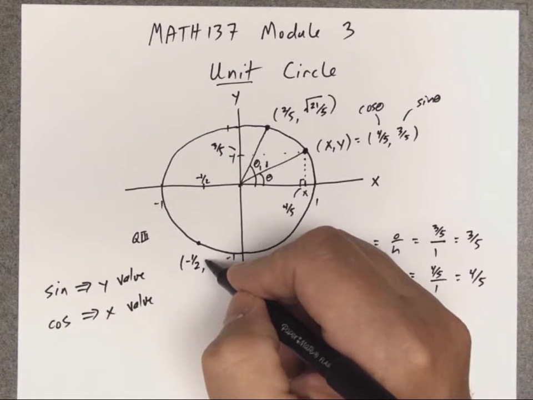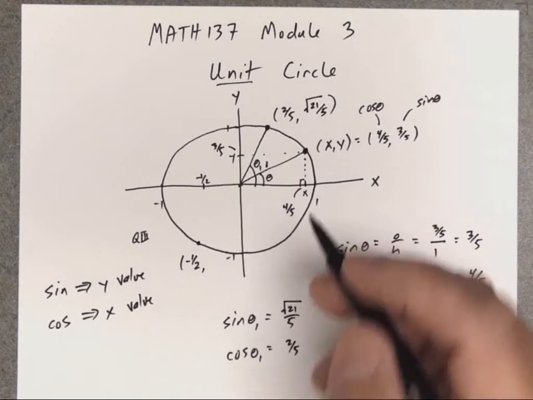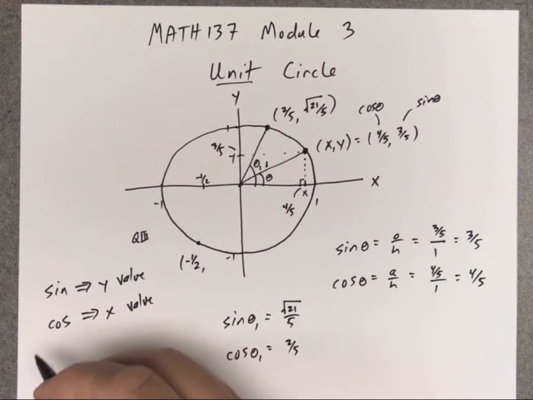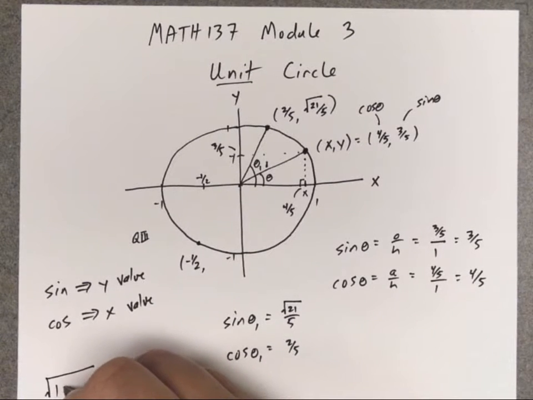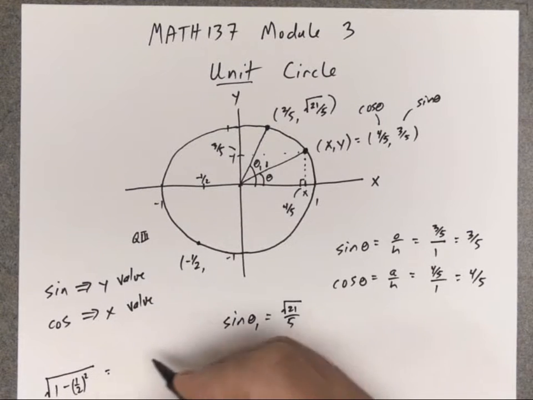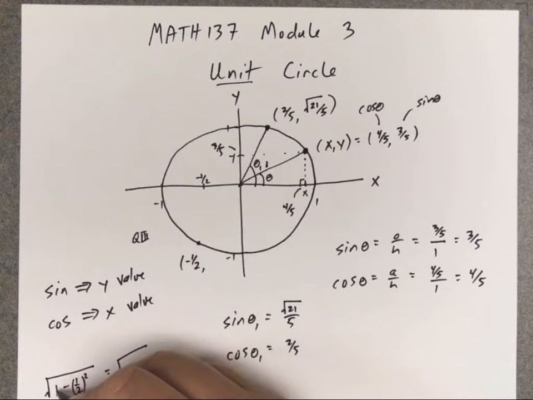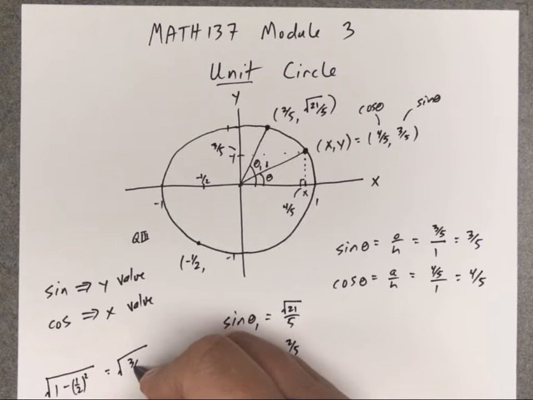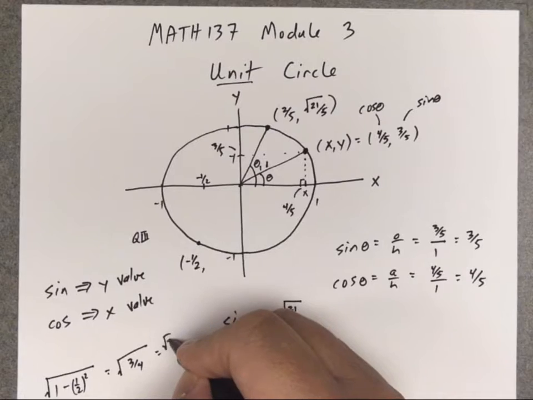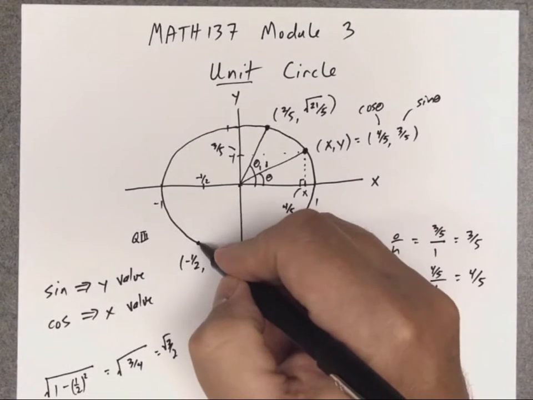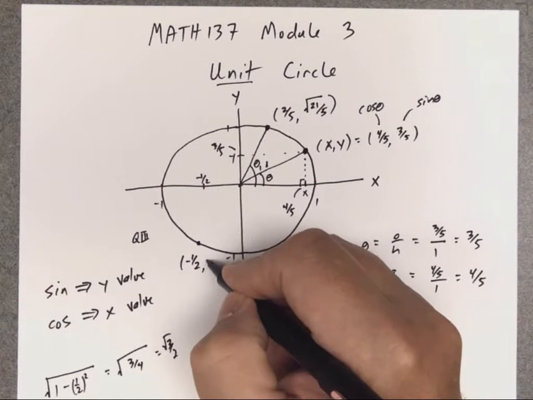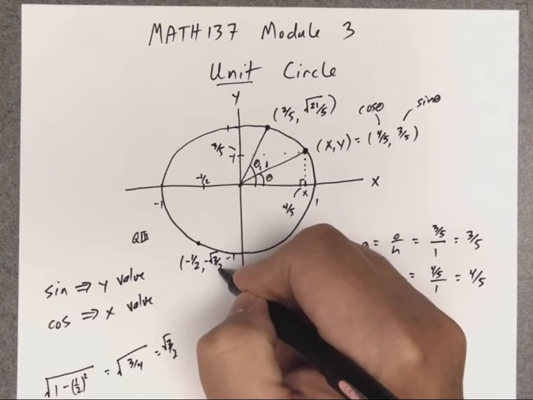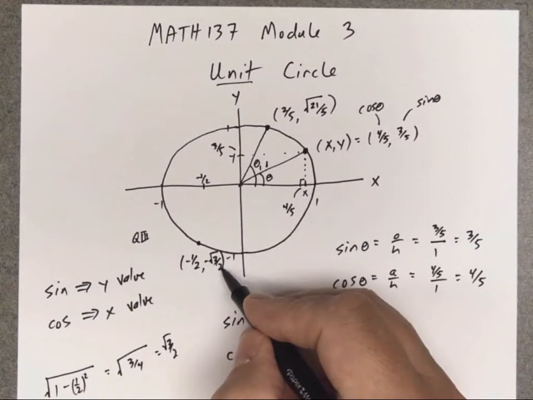Now I'm going to figure out the y. You don't necessarily know how to do this, but I'm going to take a minute to figure out the y. I have to do a quick calculation using the Pythagorean formula, but I don't want to explain it and get too complicated. So this is 1 minus, this is 3/4. It turns out for this point, if the x value is negative 1/2, the y value ends up being negative square root of 3 over 2.